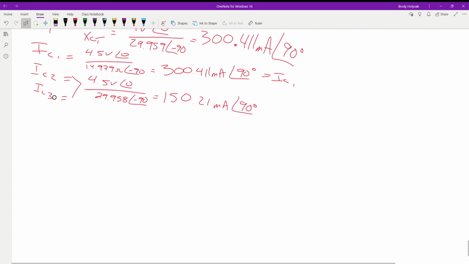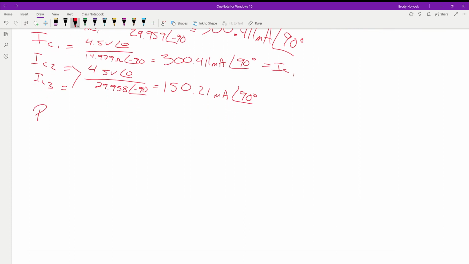All right, last ones we have. We've got power total, power capacitor 1, power capacitor 2, and power capacitor 3. Again, winner gets choice.